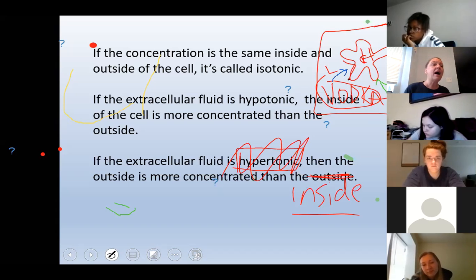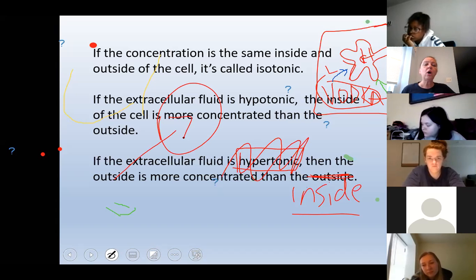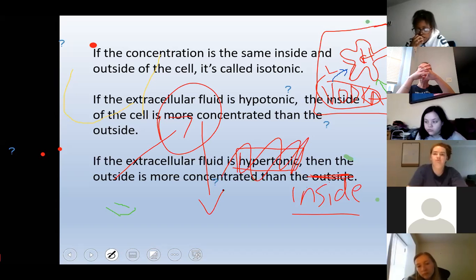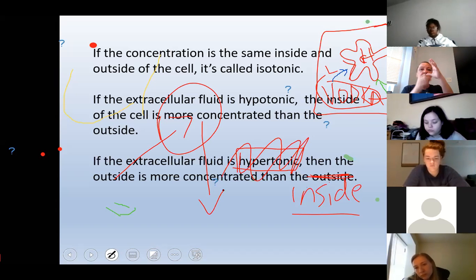If I have an IV fluid that promotes fluid to go into the cell, the blood cell will get bigger and inflate like a water balloon. But if I have an IV fluid that promotes movement out of the cell, it gets smaller because the fluid is leaving. And that's osmosis.